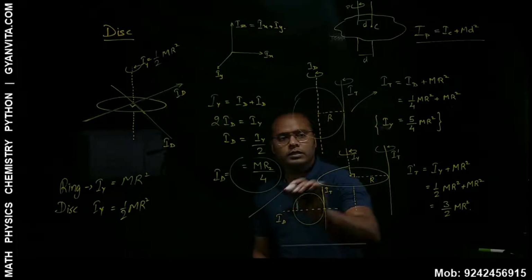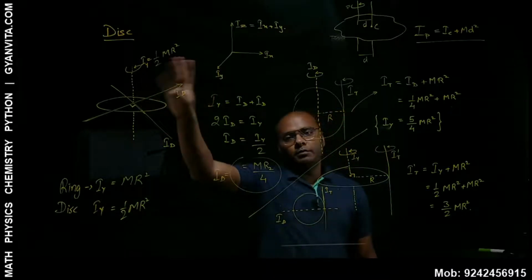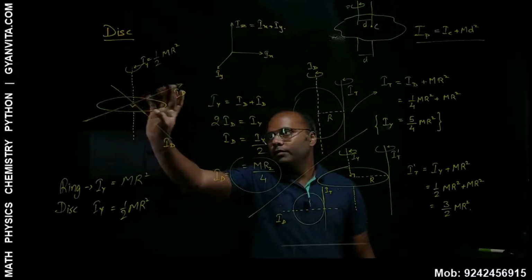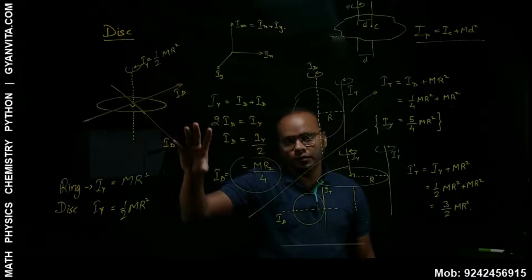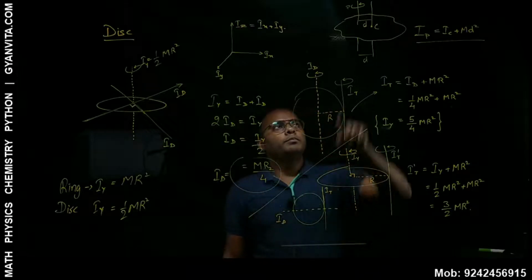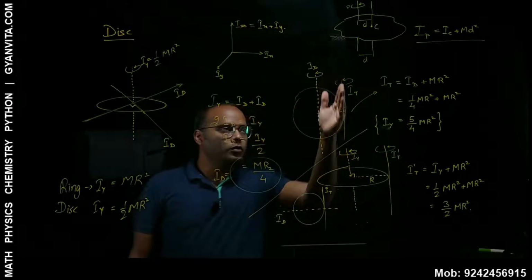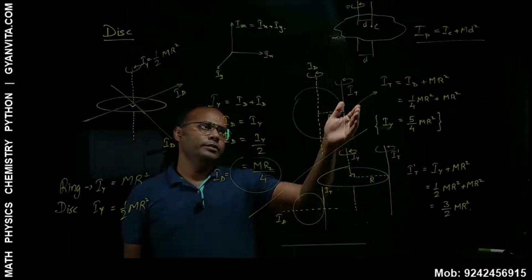So till here we have understood. We have got the main body. We have found the inertia about the main body axis. Then we have used the perpendicular axis theorem to find the moment of inertia along the diameter. Then we have used the parallel axis theorem to find the moment of inertia about the tangent which is in the plane.